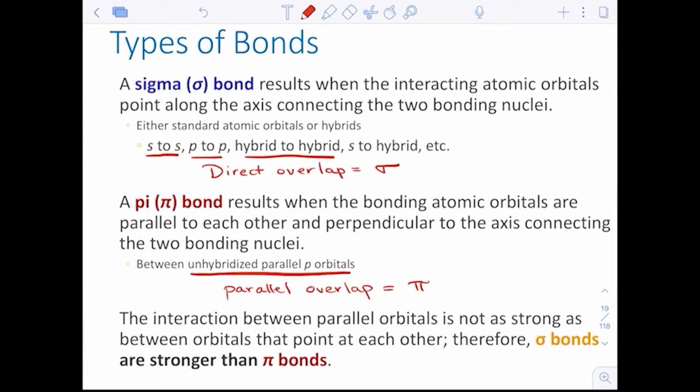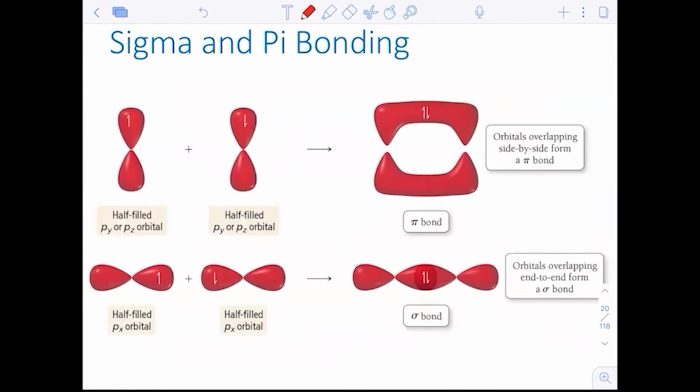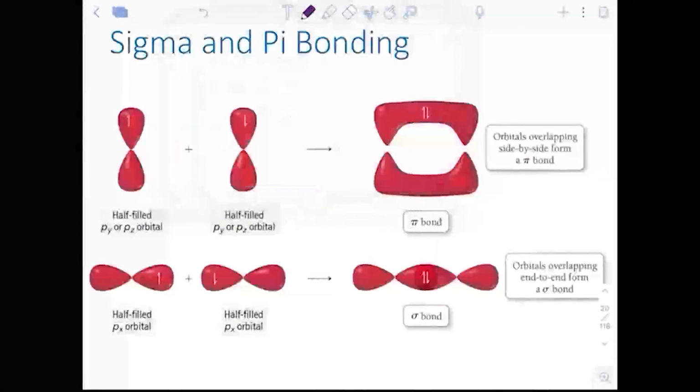Remember, sigma is stronger. It's the holding hands relationship that you get in college. Parallel overlap, the pi, is the not holding hands. The hey, I see you, you're there. It's weaker. It's not going to be directly overlapping. Here's where we can start to see those two different types of bonds.